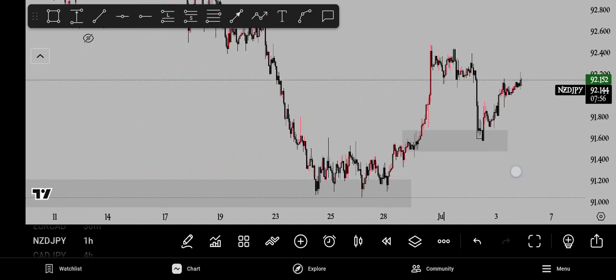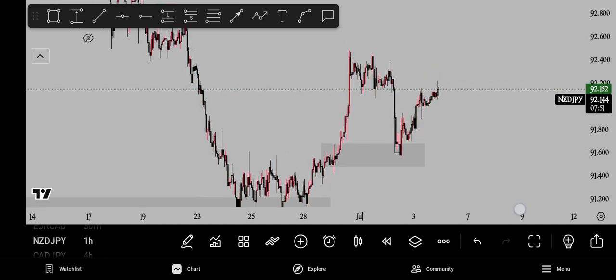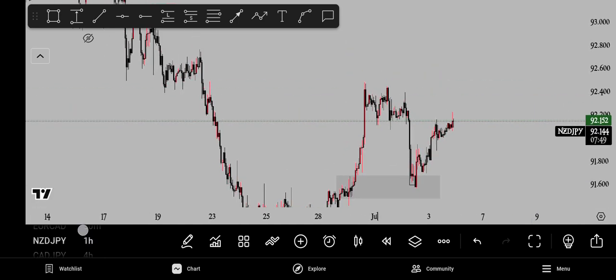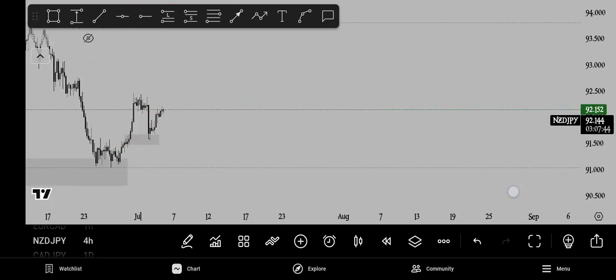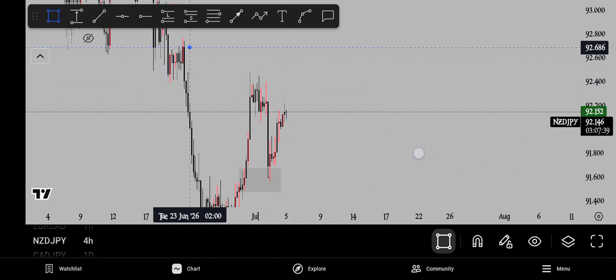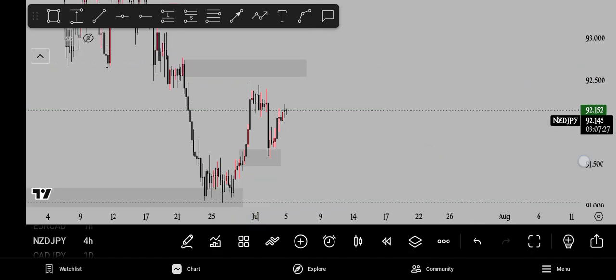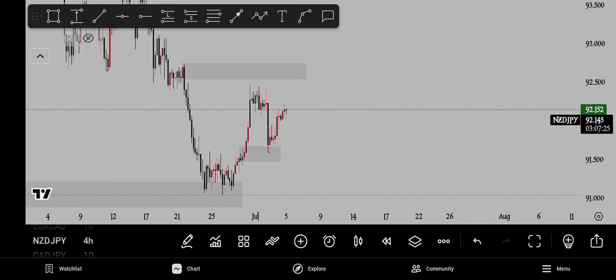I have no point of interest on NZDJPY to watch out for. The only place I'm watching out for will be this supply above. But for now, I have nothing on NZDJPY.